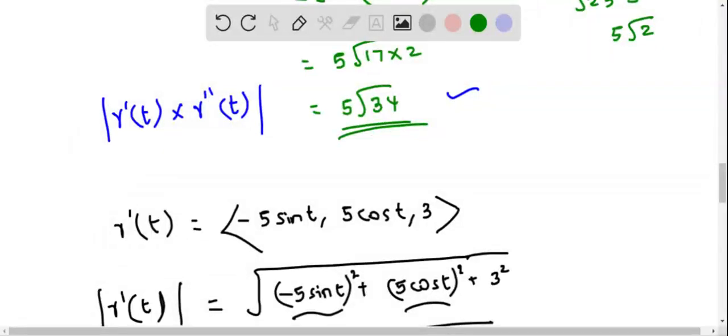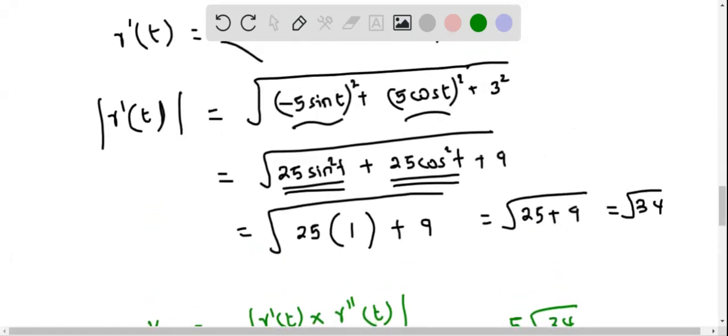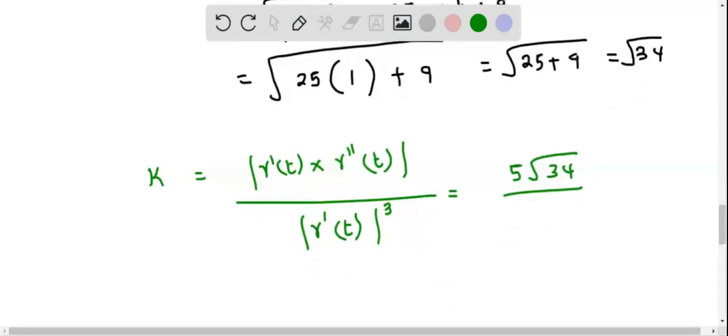I put the numerator as 5 root 34, which we have already found. And in the denominator, we have the magnitude of r prime of t, which equals root 34, but this has to be cubed. It is a quantity cubed.